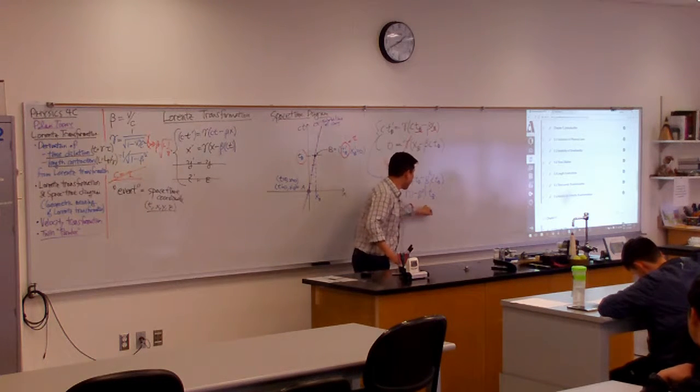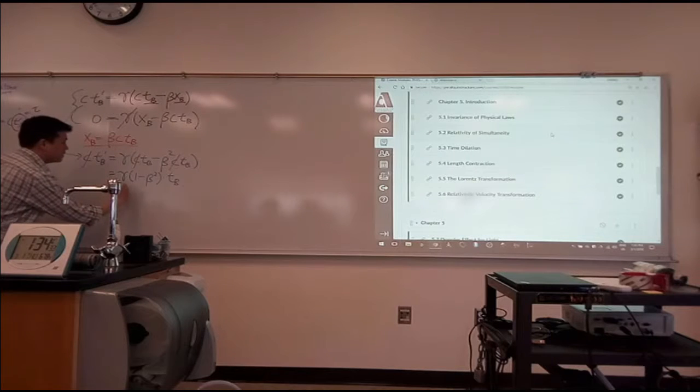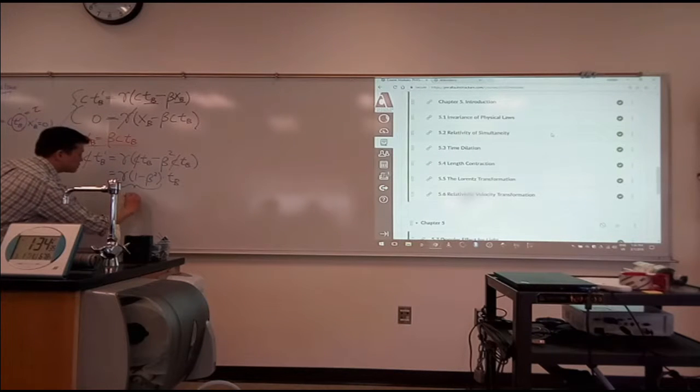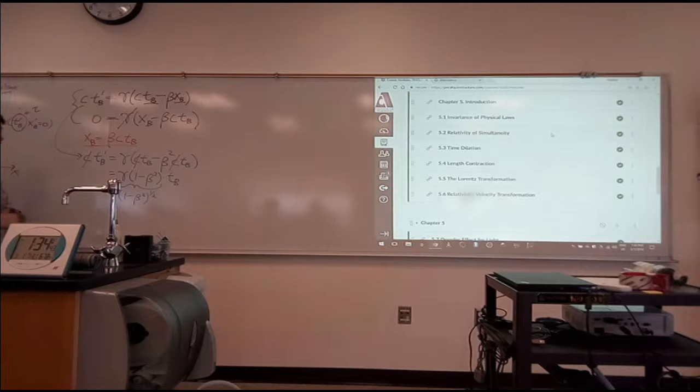So I can combine these two to get 1 minus beta squared raised to the power of 1/2. Or I guess gamma is the expression we actually prefer most of the time. So this is equal to 1 over gamma. Okay. So with all that algebra, this is what we end up with.